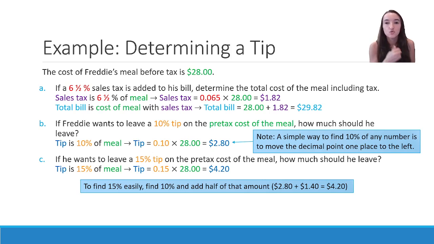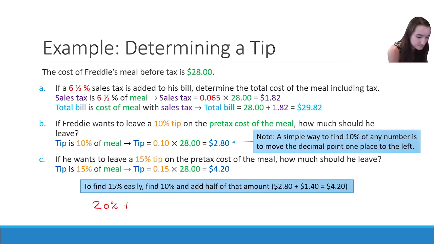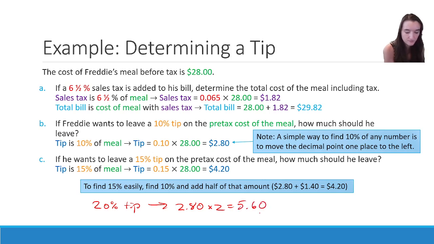Now, if we wanted a 20% tip, it's 2 times 10%, because 20 is 2 times 10. So I'd take 2.80 times 2 for a total of 5.60. So you can do this a little bit quicker when you're at dinner and need to calculate a tip. If you're a 20% tipper, you just find that 10% by moving the decimal over and then double it. Boom. You can do that fairly quickly, even in your head, instead of worrying about a big calculation.